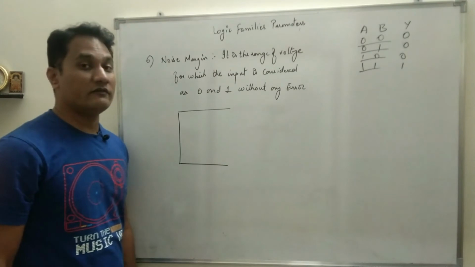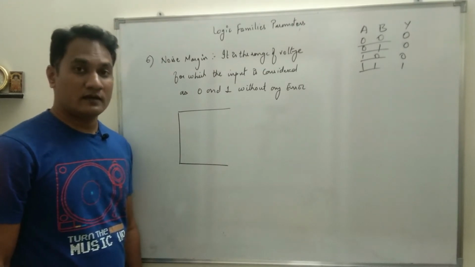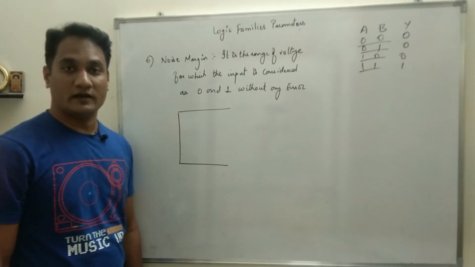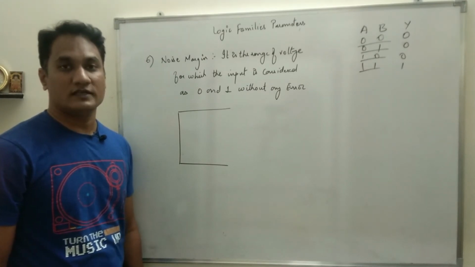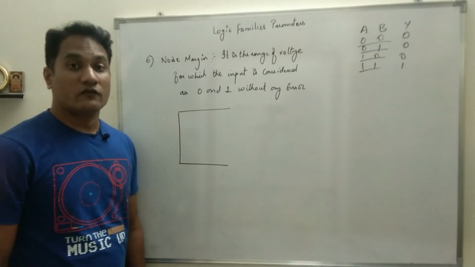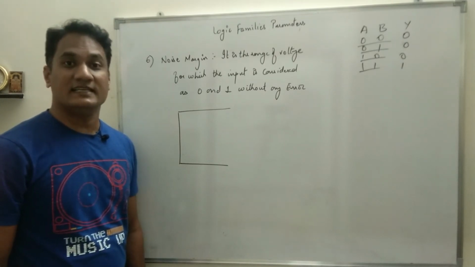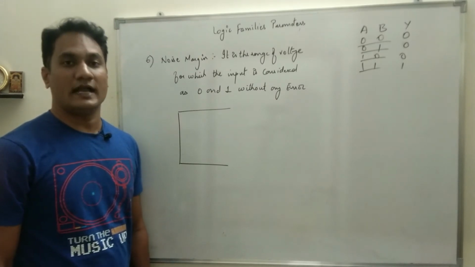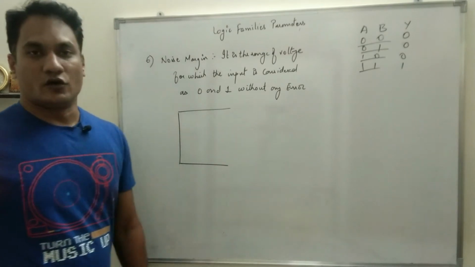The input we give as 0 and 1 represents certain voltages. Mostly 0 will be 0 volt and 1 will be 5 volt. So the range of voltage which can be easily recognized by the gate and understood as 0 and 1 is called the noise margin.